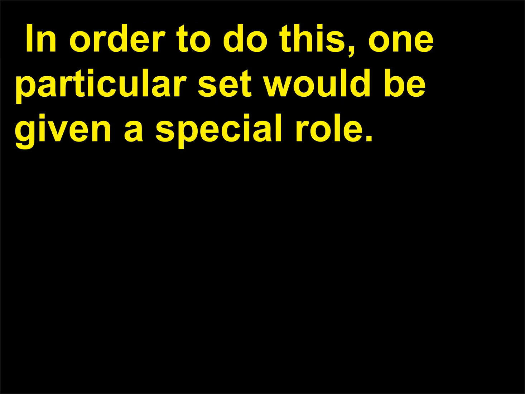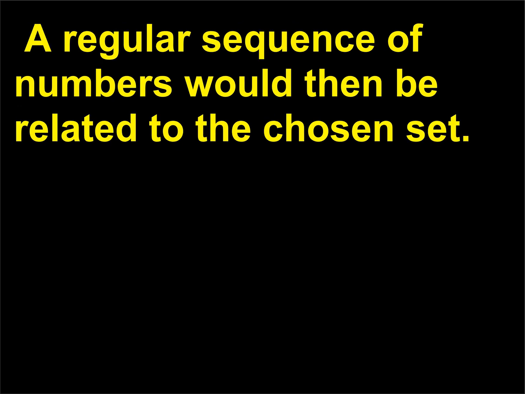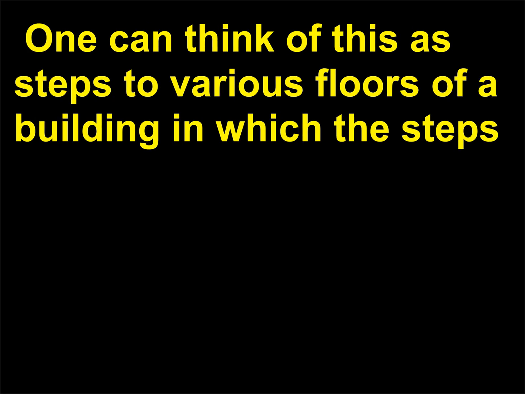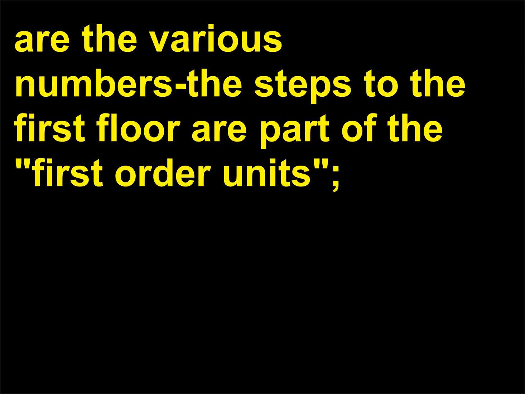In order to do this, one particular set would be given a special role. A regular sequence of numbers would then be related to the chosen set. One can think of this as steps to various floors of a building in which the steps are the various numbers.